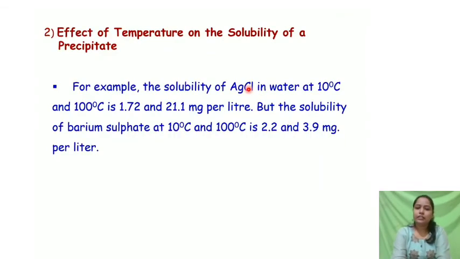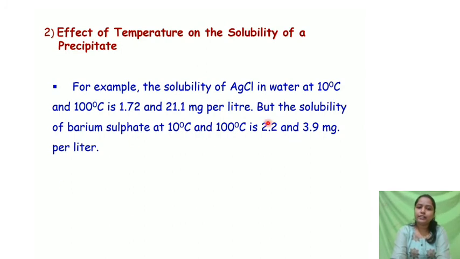Solubility of AgCl in water at 10 degrees Celsius and 100 degrees Celsius is 1.72 and 21.1 milligram per liter. Okay, at 10 degrees Celsius solubility of AgCl is 1.72 milligram per liter, but at 100 degrees Celsius it is 21.1 milligram per liter. But the solubility of barium sulfate at 10 degrees Celsius and 100 degrees Celsius is 2.2 and 3.9 milligram per liter.